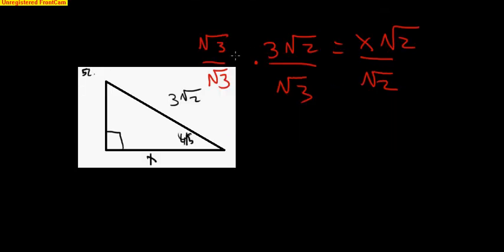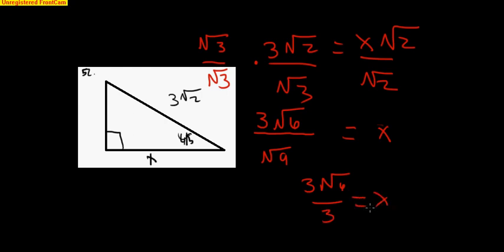So we're going to get x equals, now the square root of 3 multiplied by the square root of 3 is the square root of 9, and then the square root of 2 multiplied by the square root of 3 is going to be 3 by the square root of 6. Now the square root of 9 is obviously this 3, so 3 by the square root of 6 over 3 equals x. 3 divided by 3 is 1, so we're going to get the square root of 6 equals x.